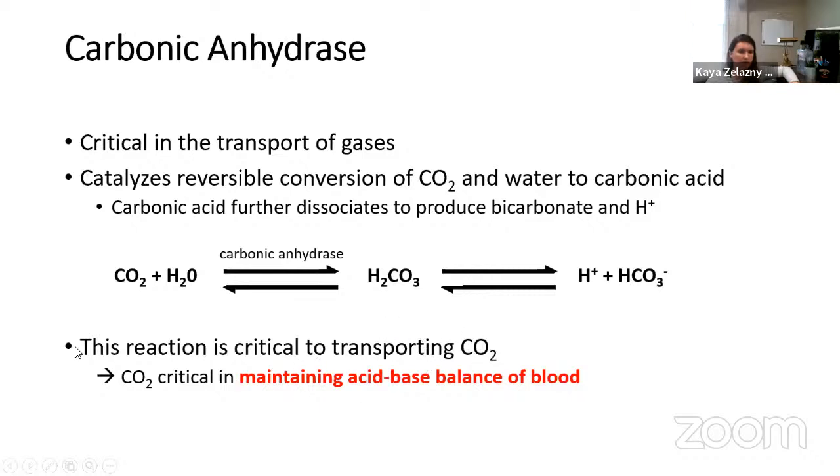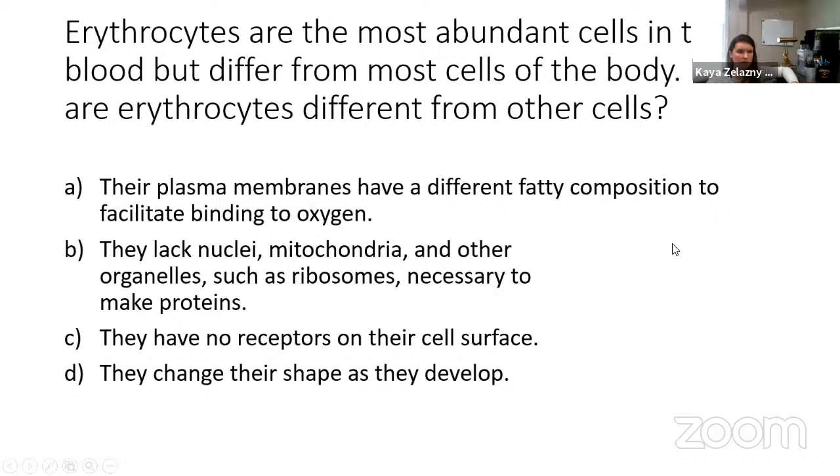We can bind it in. And it's also going to be critical to maintaining your blood at the appropriate acid-base balance, which we will talk about in the future. You don't want your blood too acidic or too basic. That would be very bad for your body. Okay. Yes, carbonic anhydrase is found in the erythrocytes.